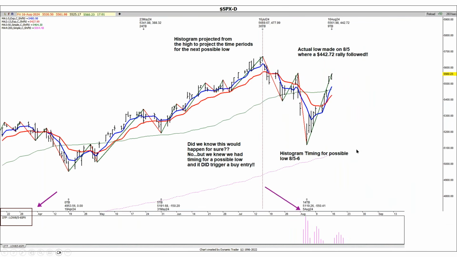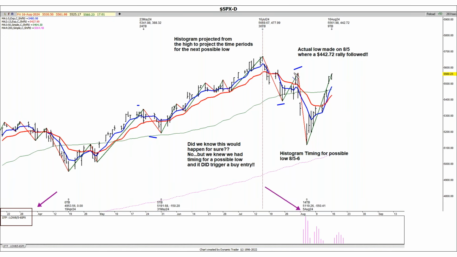One other example, and Tammy will be ready for you shortly. This is a timing histogram that comes with the program Dynamic Trader. Bob Miner is my mentor, and he has this histogram timing where you can pick the swings on the chart that you want the market to analyze.